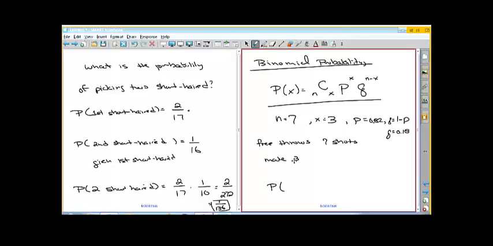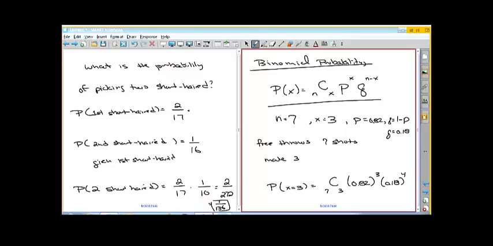So if I asked what's the probability of making 3 out of 7 shots, I would take 7 things taken 3 at a time as a combination. Probability of success would be 0.82 raised to the 3rd power, which is the number I made, times 0.18 to the 4th power, which is 7 minus 3.